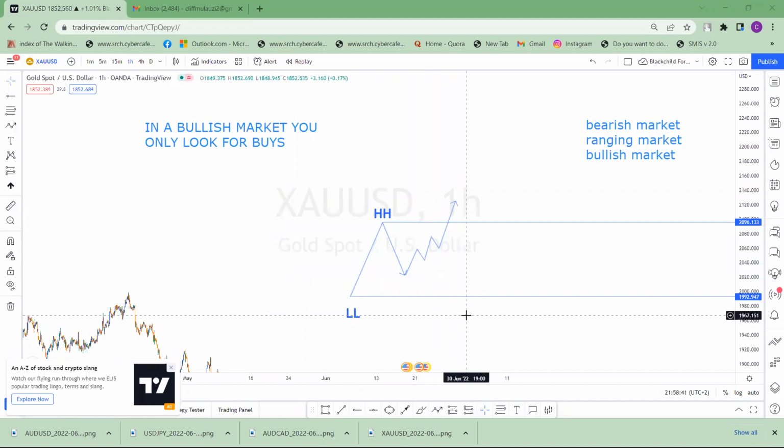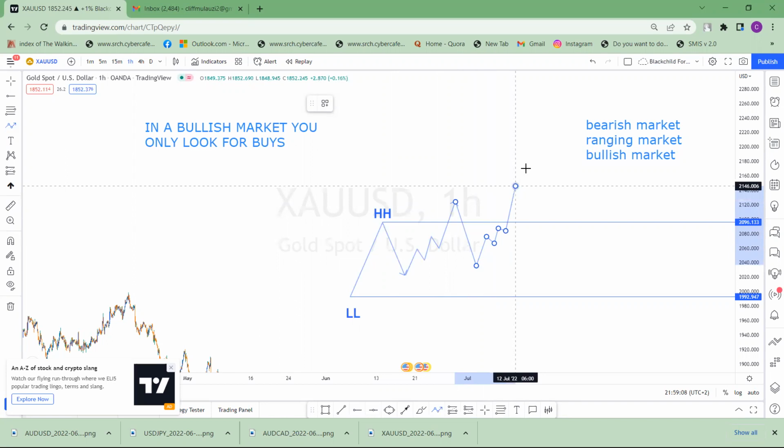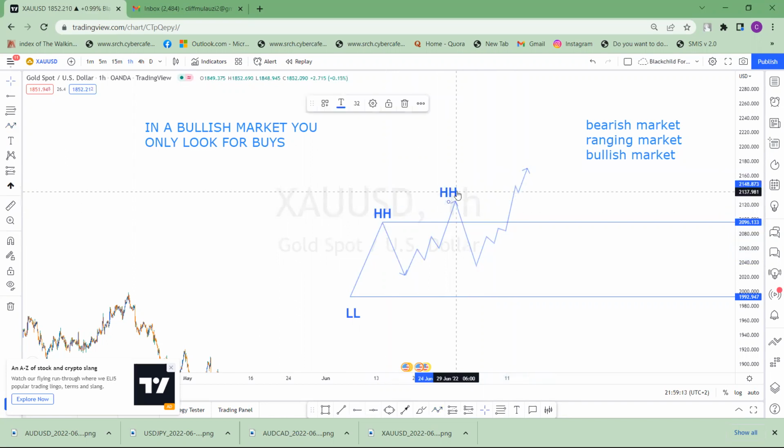That means it's giving you a bearish trade. If the market is breaking to the upside, the market is giving you a bullish trade. Let's say the market has broken to the upside. Just know that by all means, this market is going to come down here, come down here, and continue going up, creating higher highs.